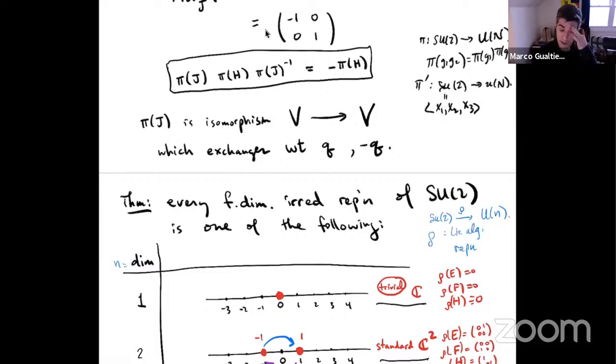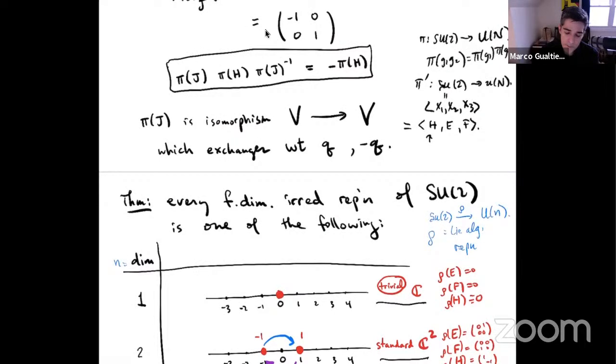It has three basic generators, and we took linear combinations of them to give H, E, and F. H was basically the spin operator in the z axis. It was diagonal with eigenvalues -1 and +1. E was the raising operator, and F was the lowering operator.